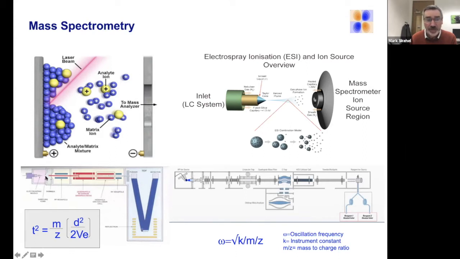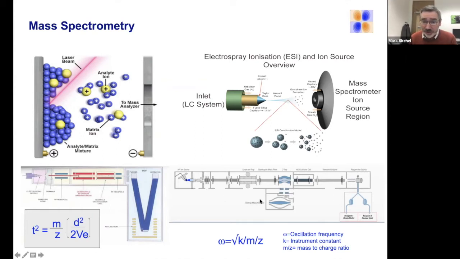Here ions emerge from the mass spectrometer, they're pushed down and reflected back up to the detector. As the distance is constant and the voltage, so the energy you're giving to it, is constant, this equation collapses such that the mass to charge is proportional to the time it takes to cover that distance. So that's a time of flight instrument.